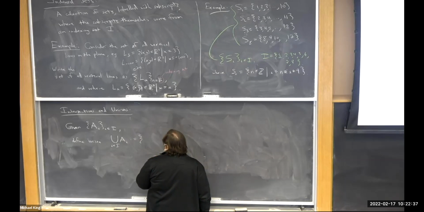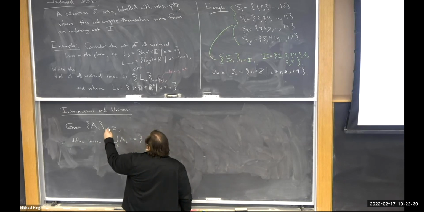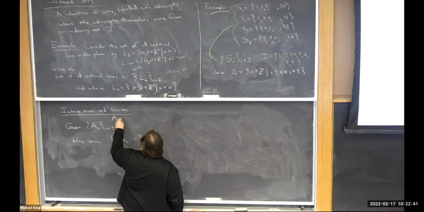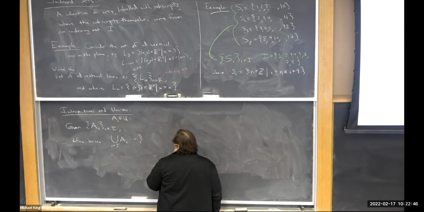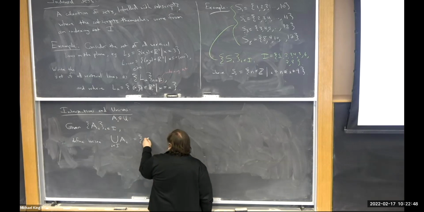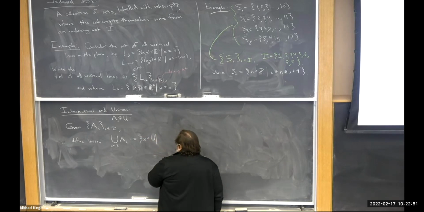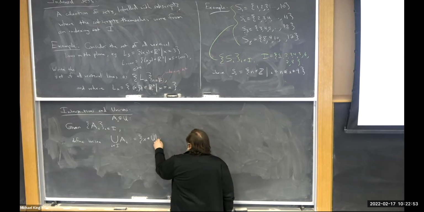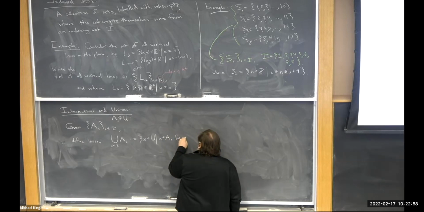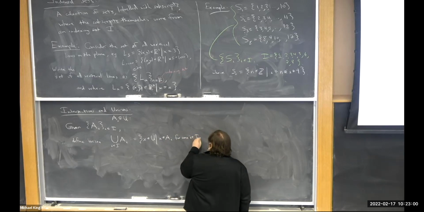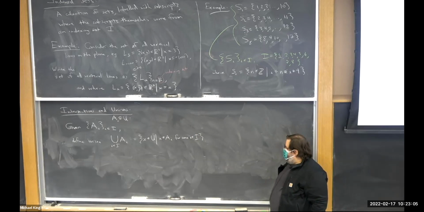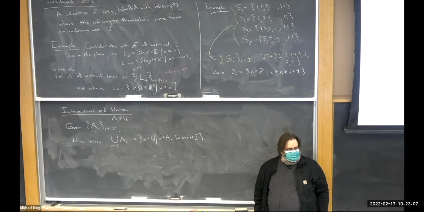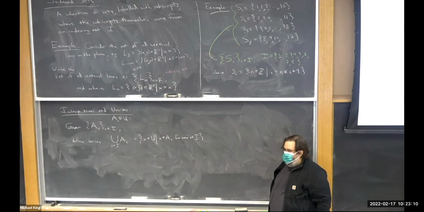again, all the A_i are in some universal set, right? Just to give us a place to put them, a subset of a universal set. So this is the set of all x in the universal set such that x is in A_i for some i in I. I could also say there exists an i in I such that x is in A sub i.